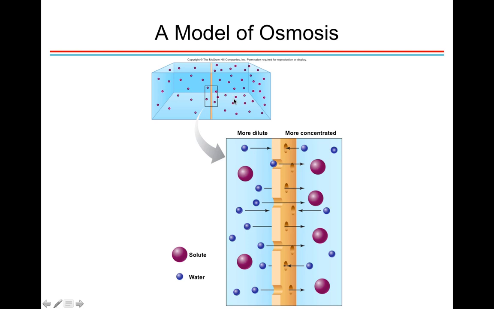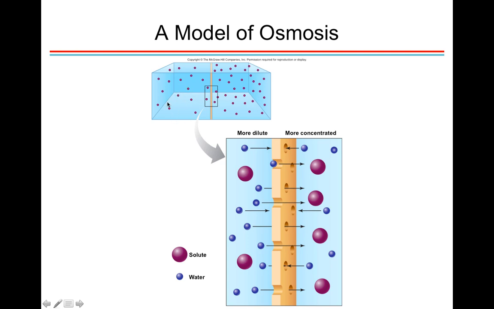It's going to do it so that basically the concentration of particles in the left compartment will be equivalent to the concentration of particles in the right compartment. The right compartment will just have a bigger volume, and the left compartment, after osmosis, is going to have a smaller volume.